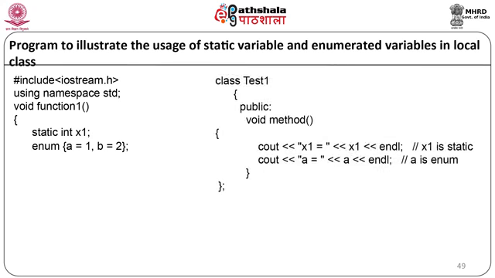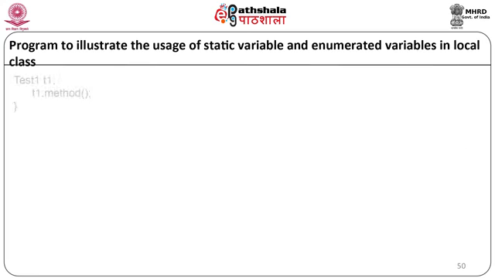In a public section we will have void method, where we are going to write the code cout x1 equal to x1 and endl. Here the x1 variable is a static variable. cout a equal to a, where a is an enum variable. Our method will end, our class will end. Here we are going to declare the object of the test1 class, test1 t1, and then we are going to call a member function as t1.method, and our function will end.